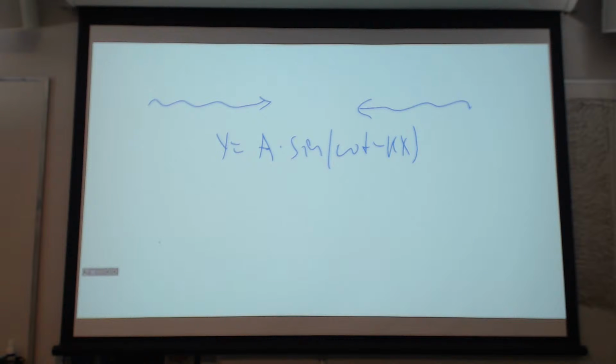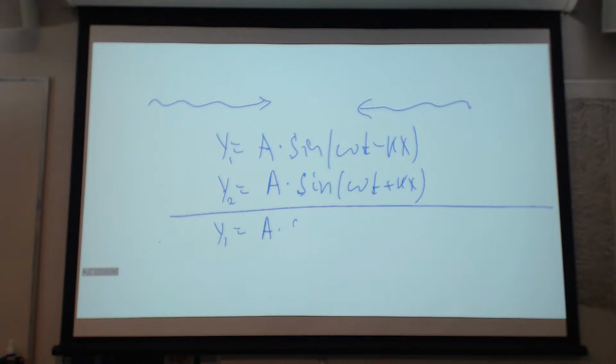When we added the two equations, or technically subtracted them, we used the trig function, I think it was sine of alpha plus beta gives 2 sine alpha cosine beta. If I derived it the way we did in class, but using the reverse, like using this equation, because in class we did kx minus omega t, when I did it the other way, my terms with cosine and sine flipped.